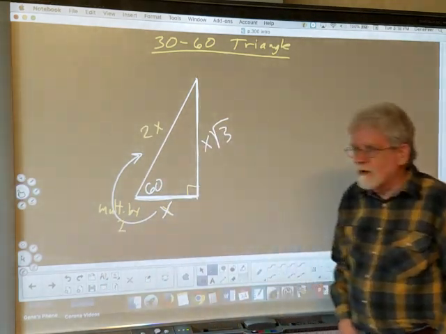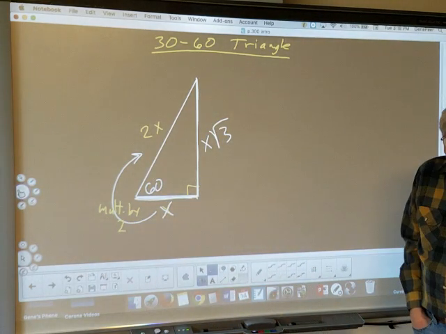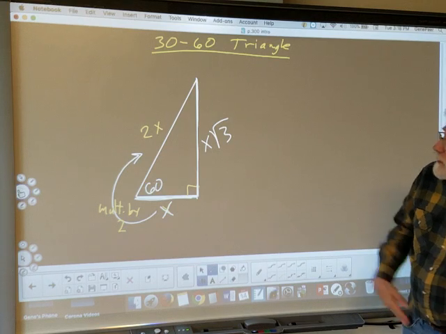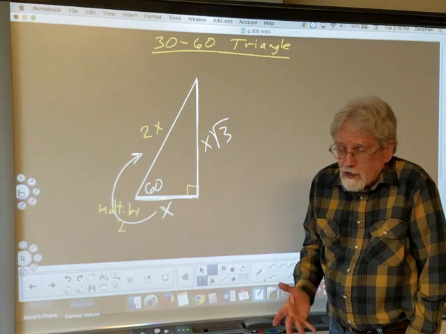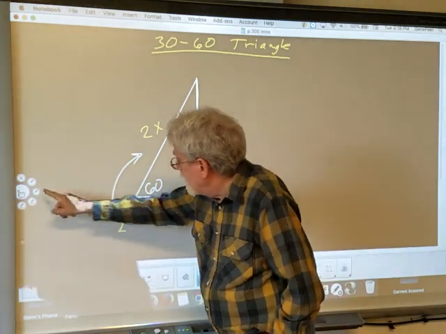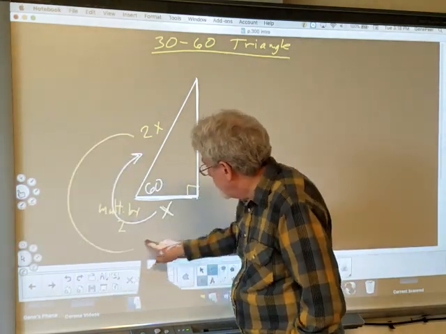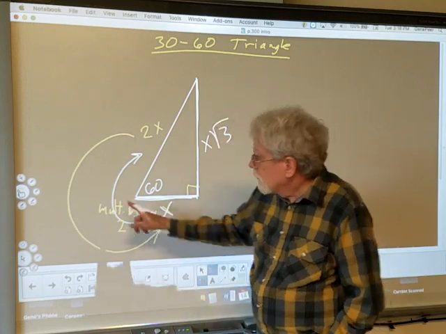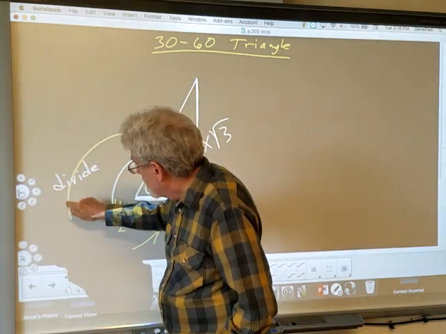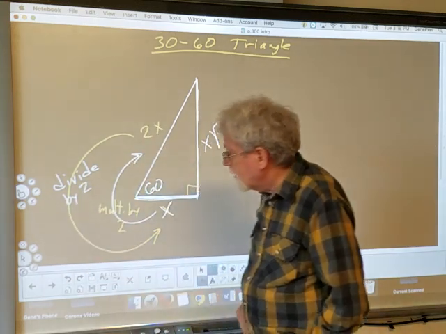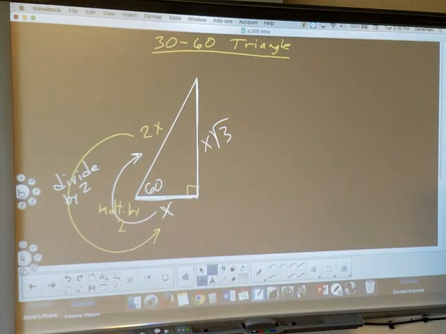That's it. How do you reverse that? If this were 16, then what's the short leg? Well, half of 16 is 8. So to go from here back to the short leg, you're going to divide by 2. You're going to take half. So that side's real easy.